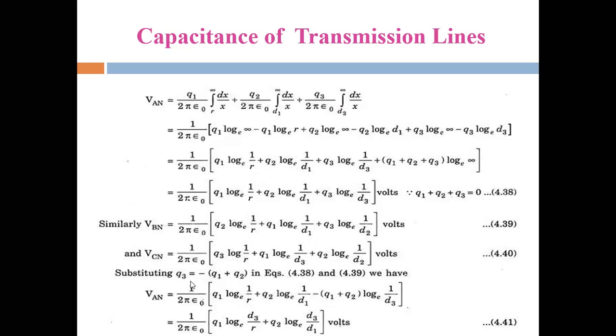After that, we substitute Q3 equal to minus of Q1 plus Q2 in the equations for VAN, VBN and VCN. Then we obtain VAN is equal to 1 by 2 pi epsilon naught, Q1 log e D3 by R plus Q2 log e D3 by D1.